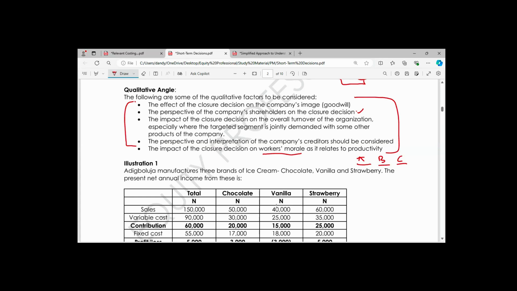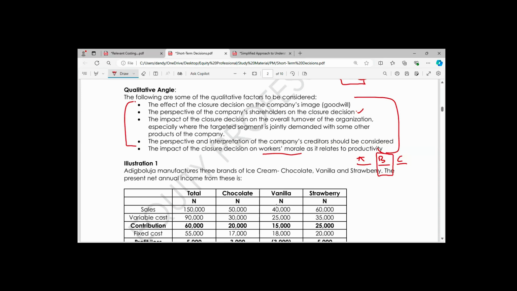Because product B is not doing well in the market, you now decide to discontinue producing product B. Of course, you still have products A and C. There are workers operating on each of the 3 products. So if you discontinue product B, you are technically saying that the workers on product B should go. That means their services are no longer needed, since you are now producing only products A and C.